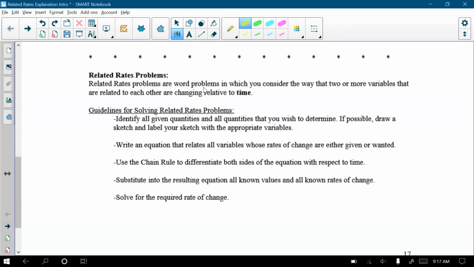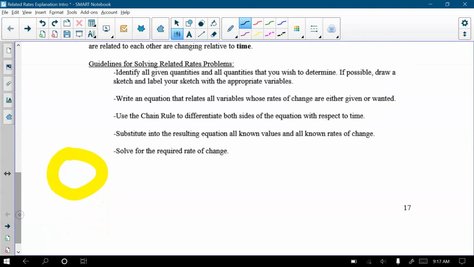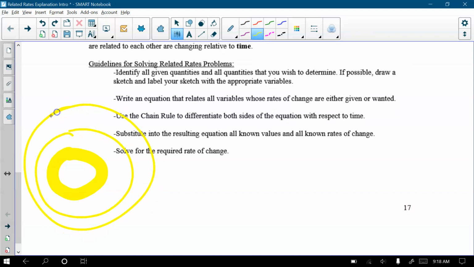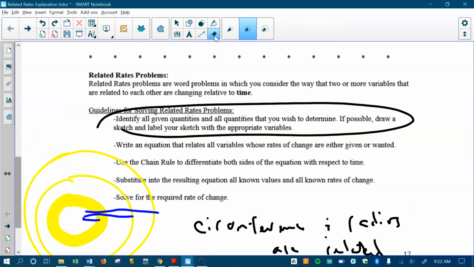What that means is that if I have, let's say, a circle, and the circumference is changing, so now the circumference is bigger, now the circumference is bigger. Well, at the same time, the radius is also changing. So that means that the circumference and the radius are related.